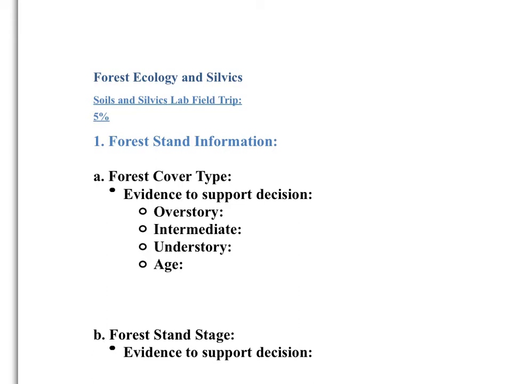A few things I want you to gather when you're in the forest is the forest stand information. So forest cover type, you're going to get this information from Big Blue, and these are from the readings that you're doing. Okay, so what is the forest type that we're looking at? Is it upland oaks? Is it early successional hardwoods, things like that.